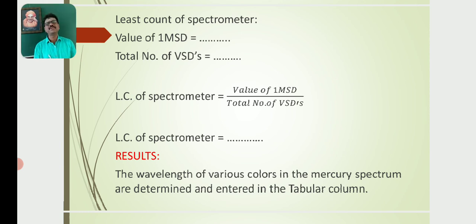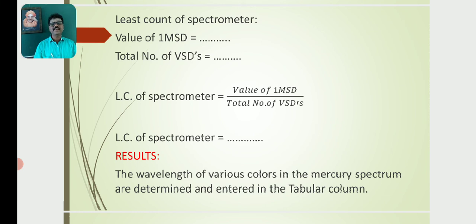Substituting in the equation, the least count of spectrometer is equal to the value of 1 MSD by the total number of VSD. Then write there its value.